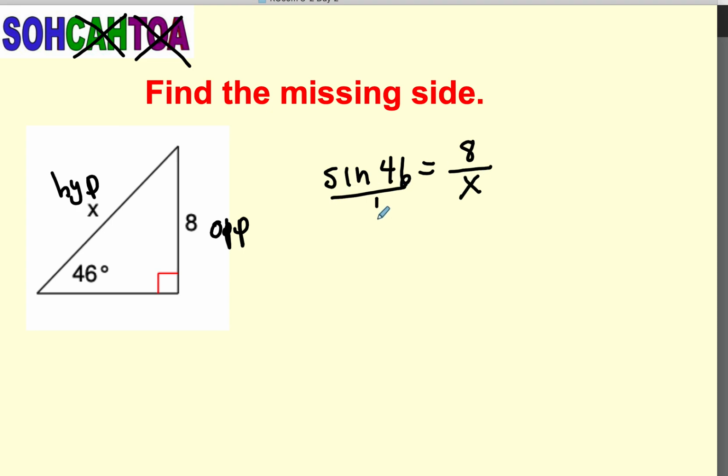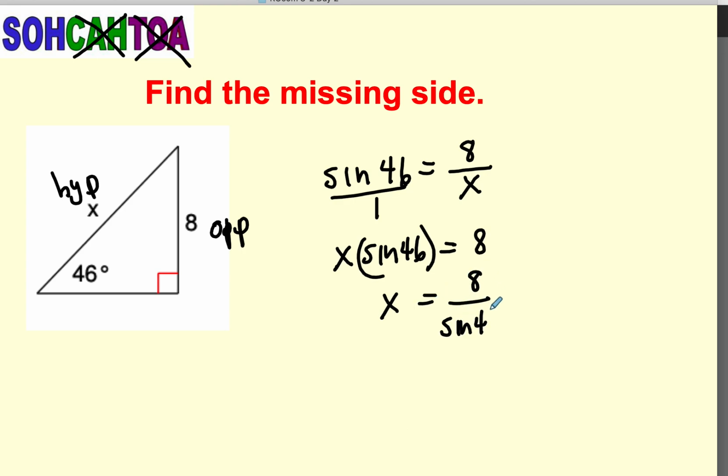Okay, and I'm going to make it look like a proportion. I'm going to cross multiply x times the sine of 46. Sine of 46 is a decimal. We're not going to worry about that right now. We're going to divide by sine of 46, and we'll let the calculator take care of everything for us later.